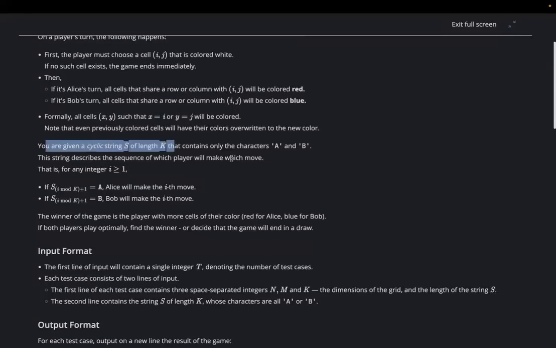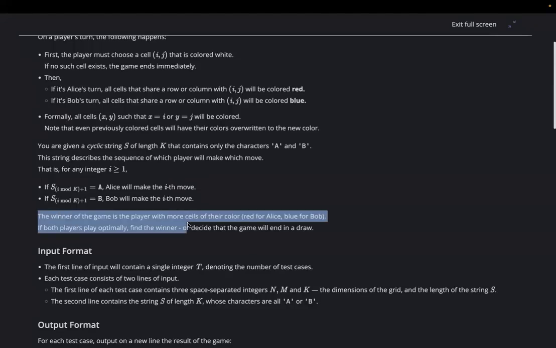We are given a cyclic string S of length k that contains only characters A and B. The string describes which player will make the move. They are just writing it more formally, on how we will decide which player will make a move.